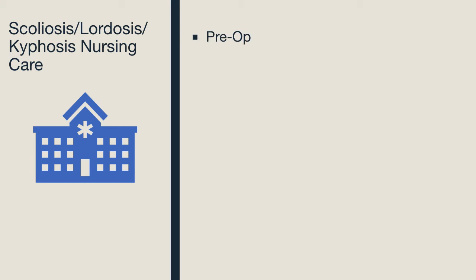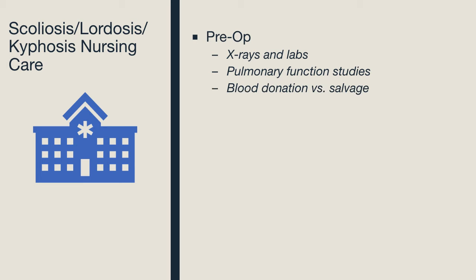When we look at pre-op care, it's going to involve having x-rays and labs done. They're going to be doing pulmonary function testing because this curvature of the spine can change how the lungs can expand because it affects the position of the ribs. They lose a lot of blood in these surgeries.